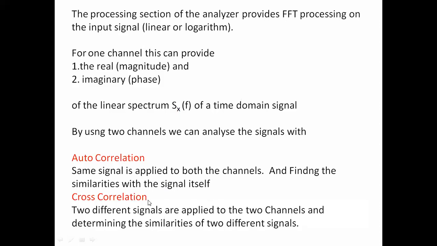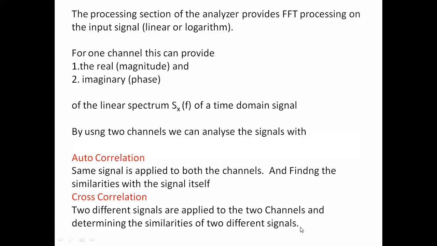And then the cross correlation. Here two different signals are applied to the two channels, and we determine the similarities of the two different signals. So that is the cross correlation.